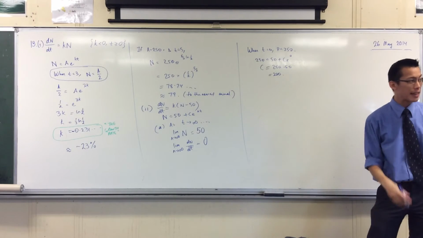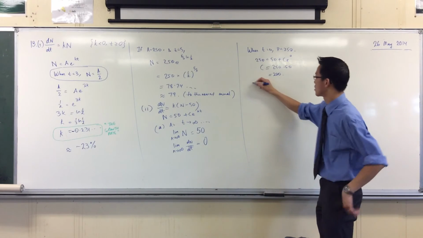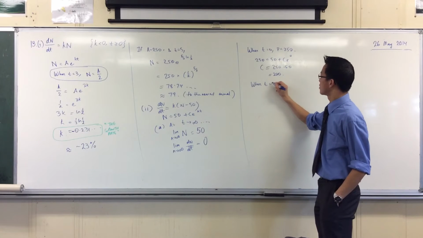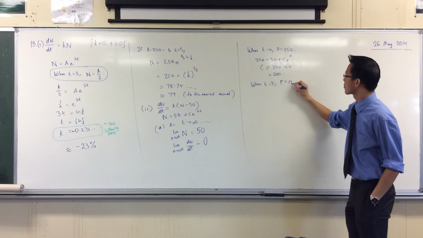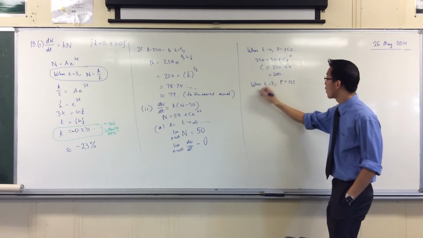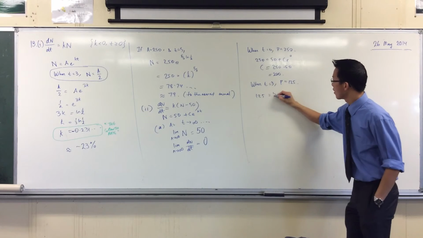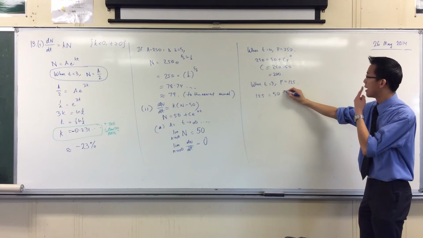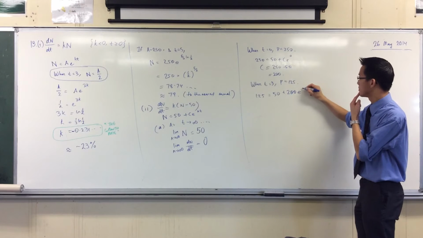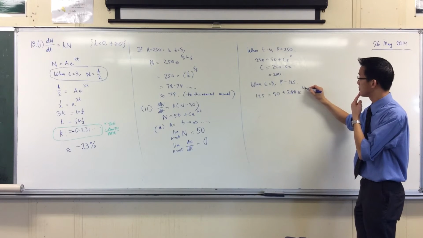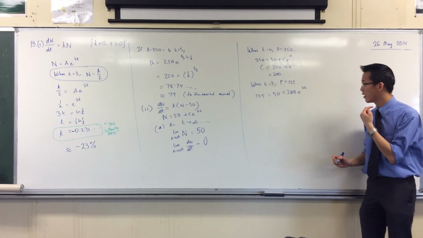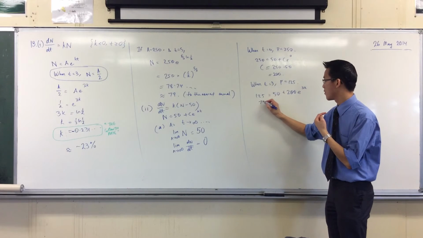Okay? To find k, I need some other point in time, which is where I'll do this. So I've got 125 over here, 50 here. I just put 200 there. Like so. So I'll bring this over, that's 75.